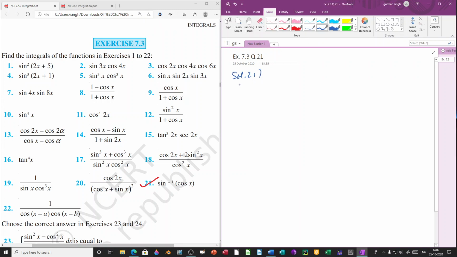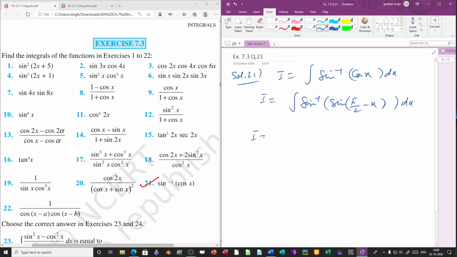Solution 21. I equals the integration of sin inverse cos x dx. Cos x can be written as sin of 90 minus x, that is sin of pi by 2 minus x. So I equals the integration of sin inverse sin of pi by 2 minus x dx.